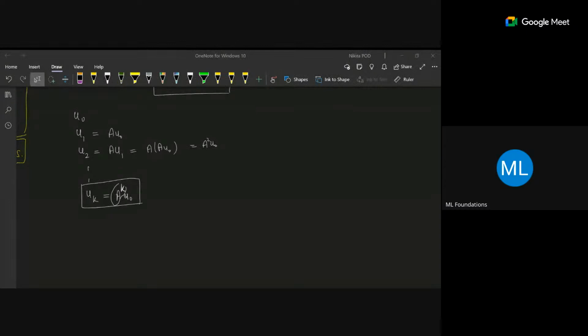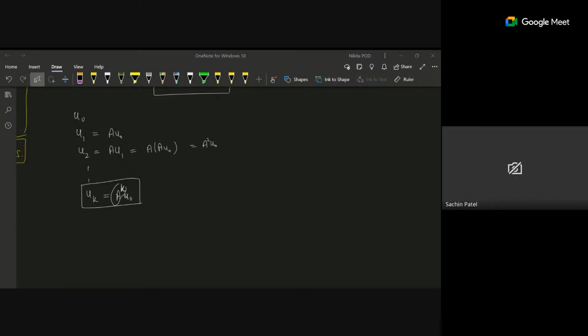There is a differential equation approach also, but okay.